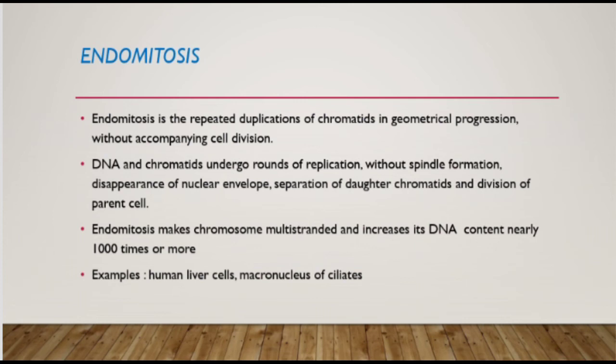So the chromosomes become multi-stranded, and the DNA content also increases. An example of endomitosis is human liver cells. Within human liver cells, we can see the endomitosis process, and also in the macronucleus of ciliates, the same process is taking place.